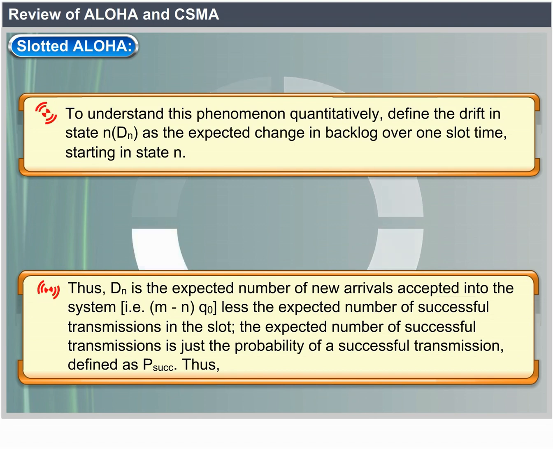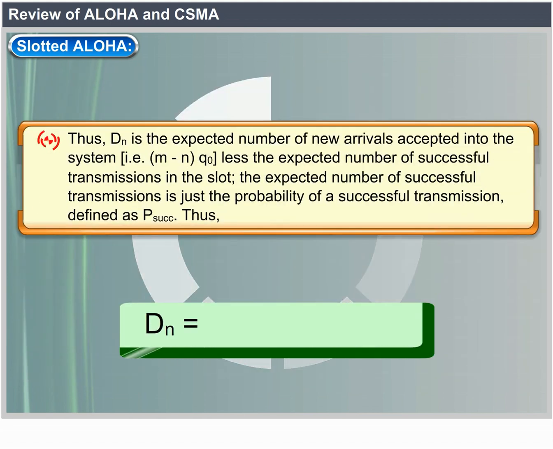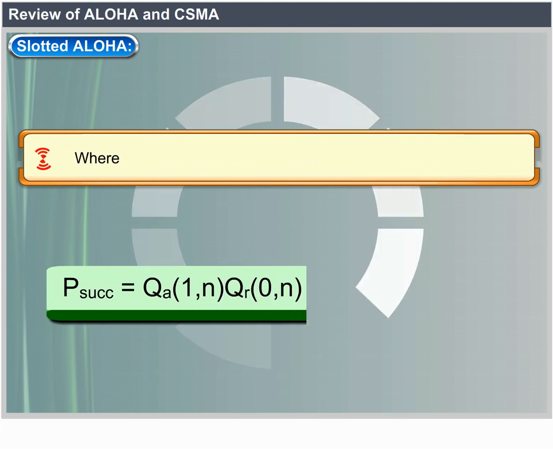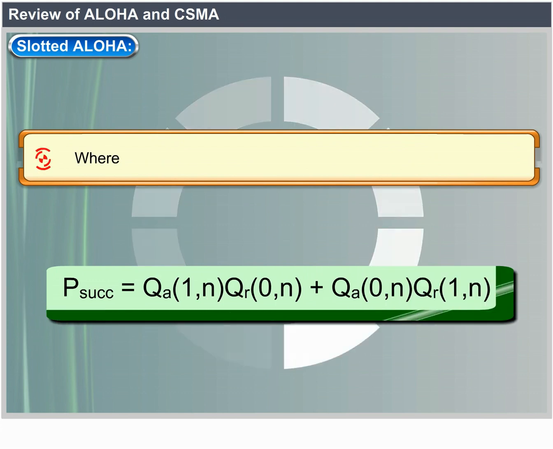The expected number of successful transmissions is just the probability of a successful transmission, defined as P success. Thus, Dn is equal to (m minus n) QA minus P success, where P success is equal to QA of 1, n into QR of 0, n plus QA of 0, n into QR of 1, n.